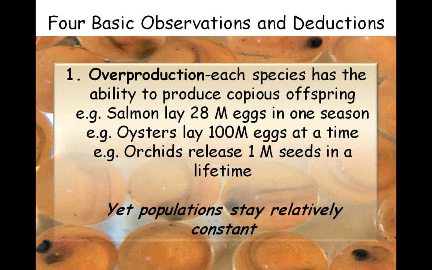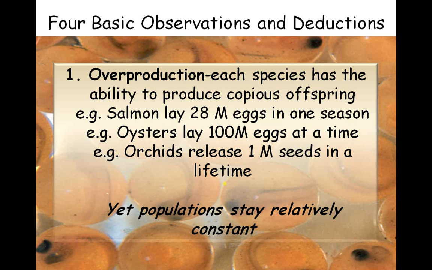So on his travels, he came up with 4 basic observations, and from those 4 basic observations, he came up with several deductions. The first one being, like Malthus, he saw that each species has the ability to produce copious amounts of offspring. Examples of this would be a salmon can lay 28 million eggs in one season.